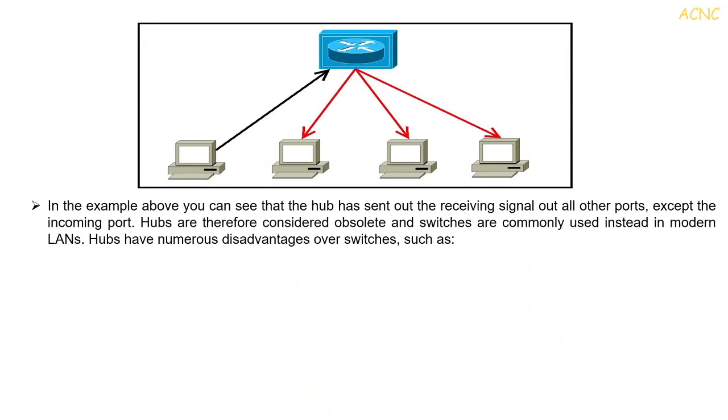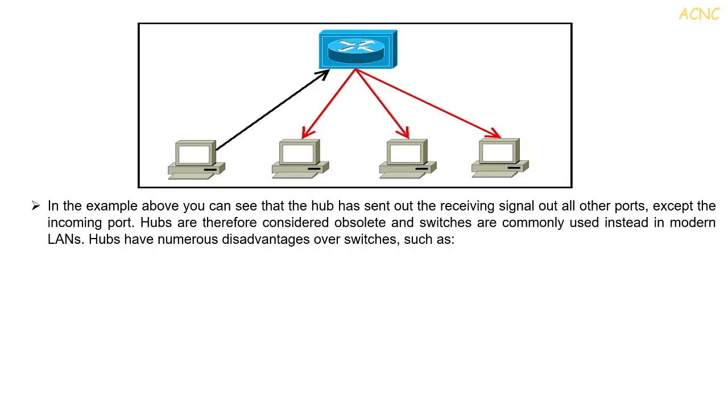So you can see here a device that is connected to four other computers. In the example above, you can see that the hub has sent out the received signal out all other ports except the incoming port.